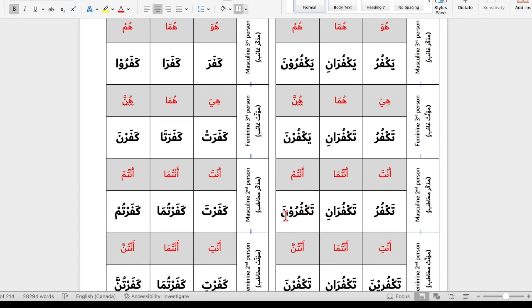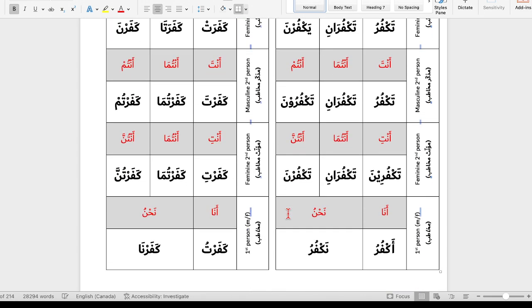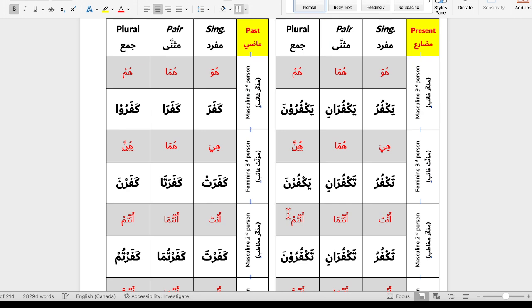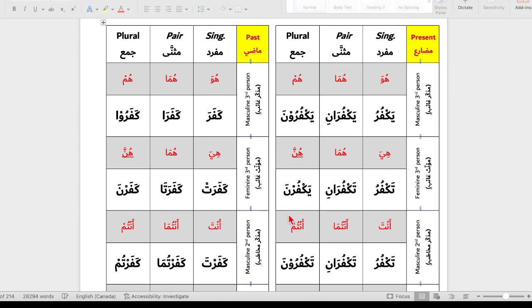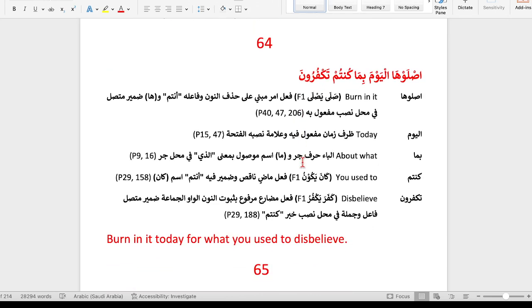So I'm stopping here because this is the verb form used. You can go through the whole table. So takfuruna fi'lun mudari'un marfu'un, and it is marfu' because of the noon here, bi thubuti noon.